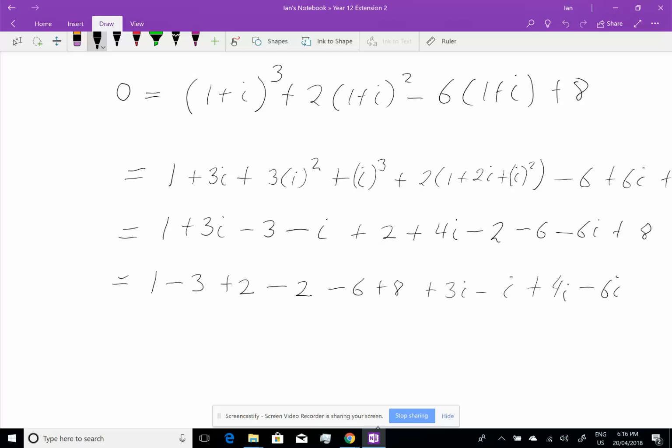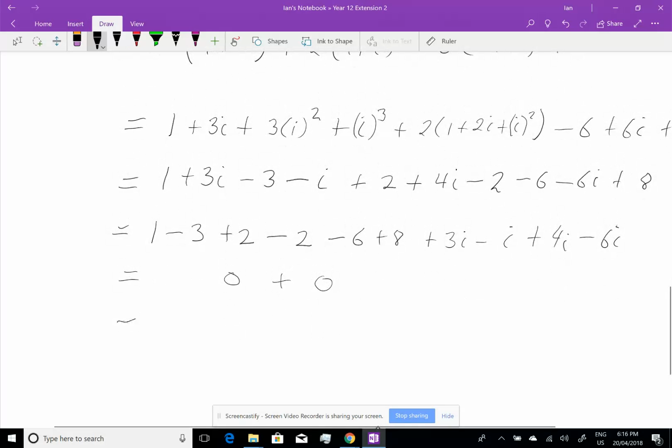Here we go: 1 minus 3 is minus 2, plus 2 is 0, minus 8, 0 for that part. 3i minus i is 2i, plus 4i is 6i, plus 0, which equals 0.